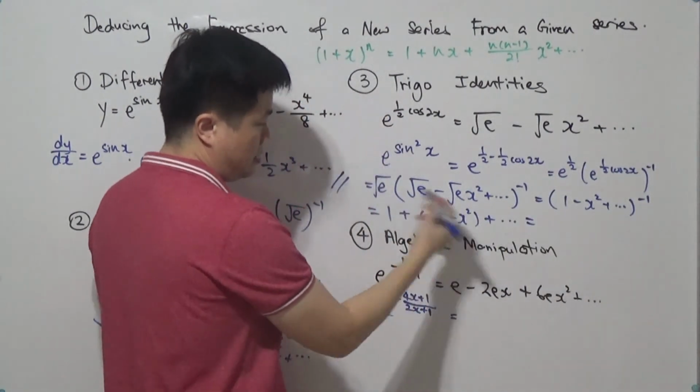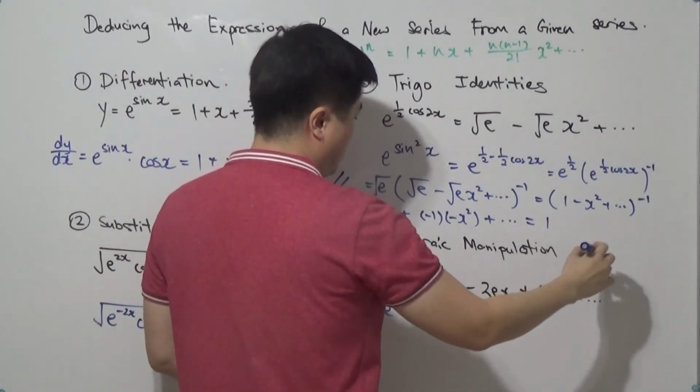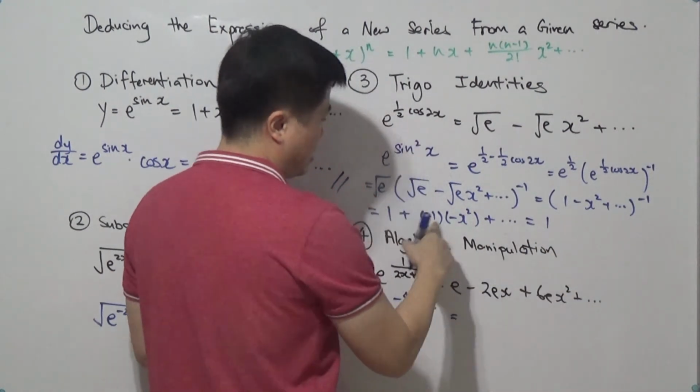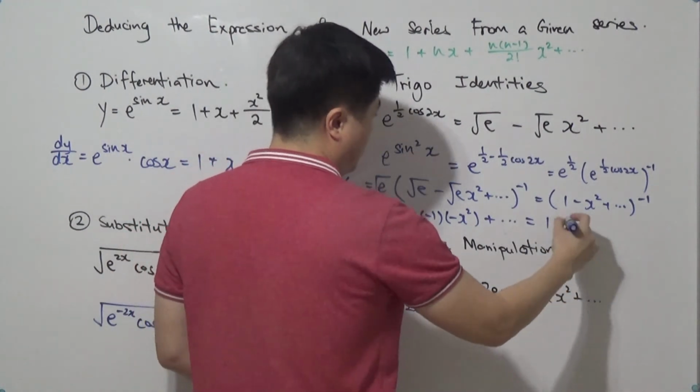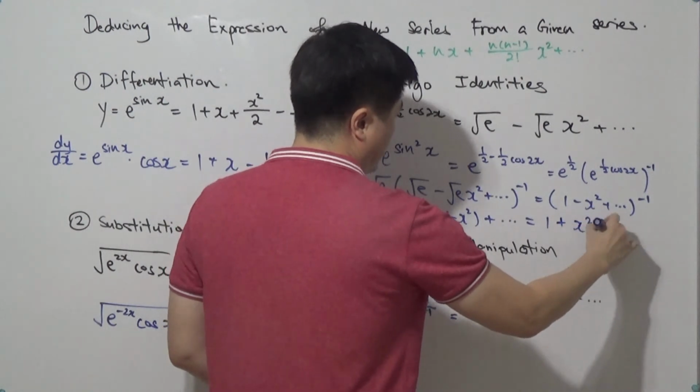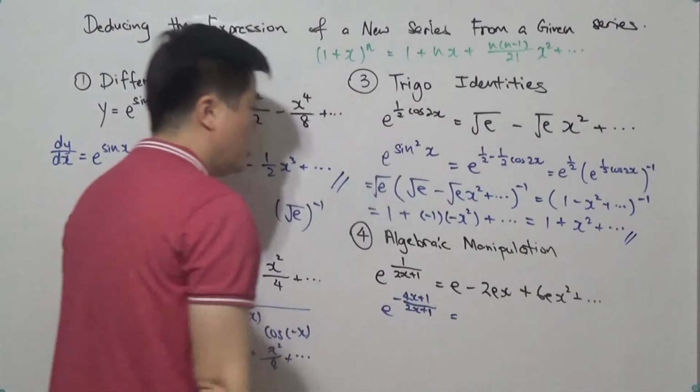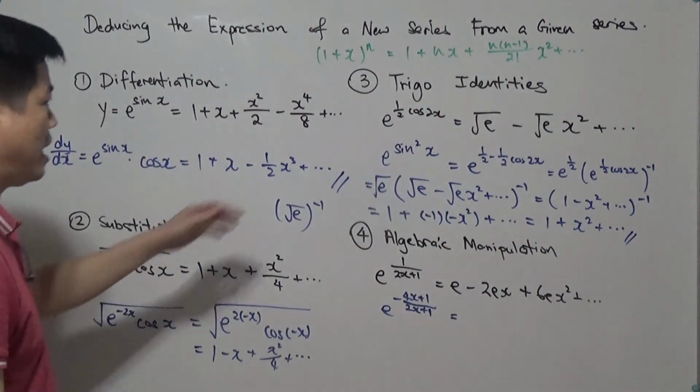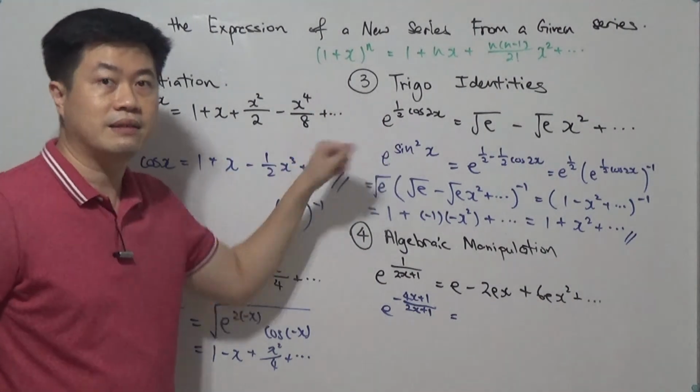So let's go ahead and simplify this. Our final answer would be 1 plus negative negative, so it's positive x squared plus dot dot dot. So there you have it. That's how you use the technique of Trigo identities for questions like this.